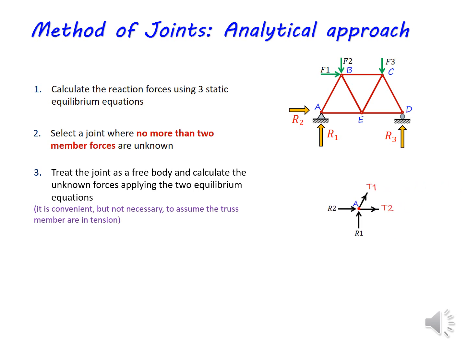So I can draw my free body diagram for joint A: R1 and R2 reaction forces, and the member force of member AB is T1 and the member force of member AE is T2.